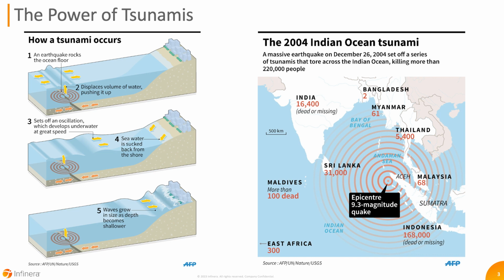As you can see on the animations we have there, as this event occurs, the water is pulled back from the beach, and then it returns with a vengeance. And as this large volume of water approaches the shore and the shallows, that's when the height of the wave and the violence manifests itself.